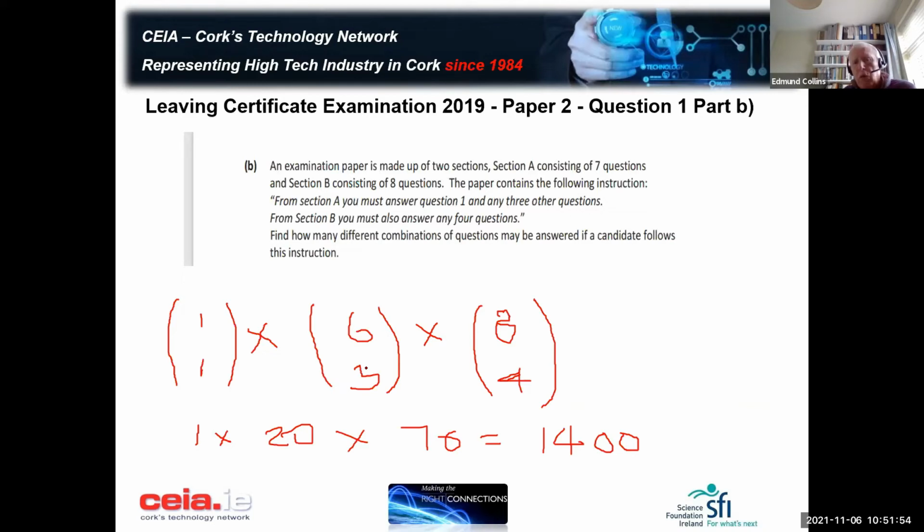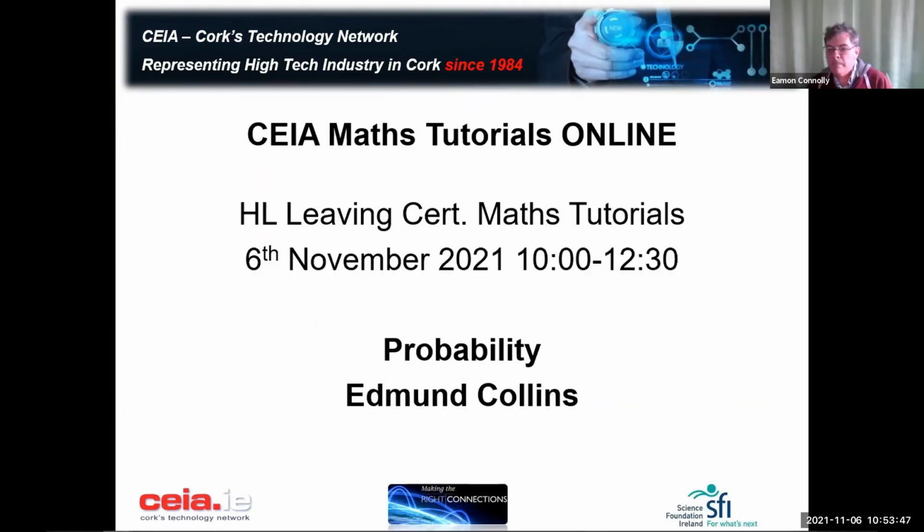But they can be combined. We're going to see in a more complex problem coming up that you can have both the multiplication and the addition principle used in solving a question. So that gets a bit more complex, but there is an example coming up shortly where we'll see that.